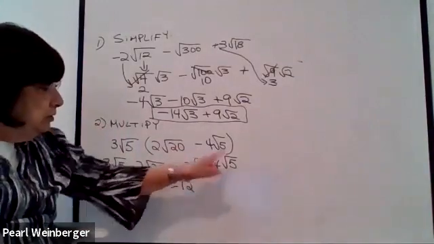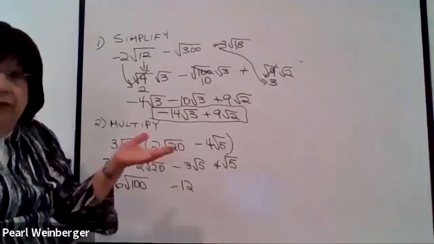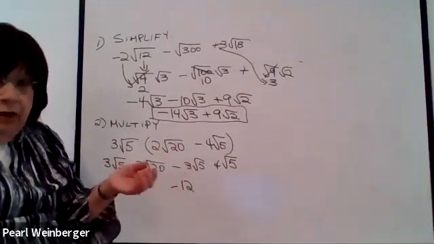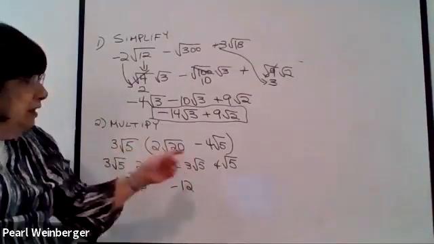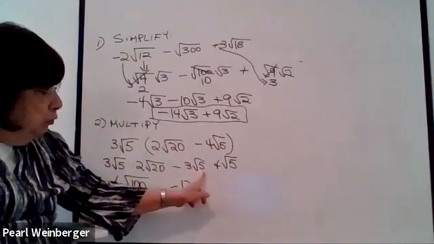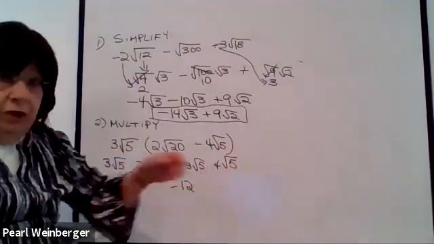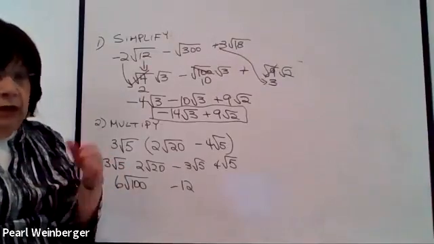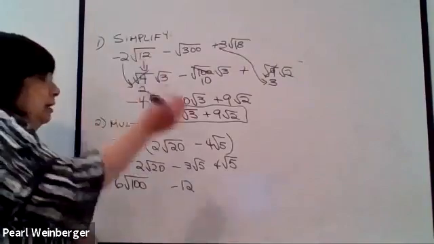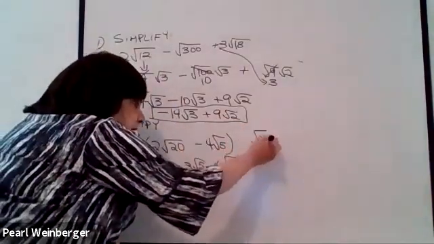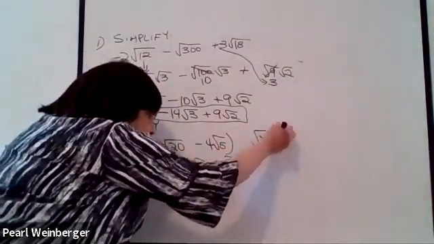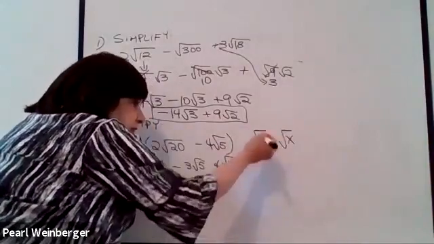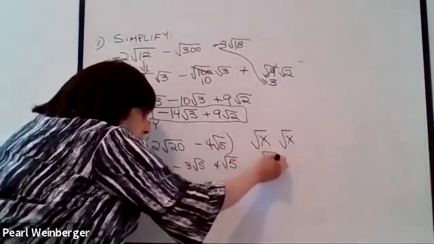Obviously, it's the square root of 25, and the square root of 25 is 5. But the shortcut is that whenever you're multiplying a radical by itself, you're really just getting the number that's inside the radical. In other words, if you have the square root of x times the square root of x, obviously that will give you the square root of x squared.